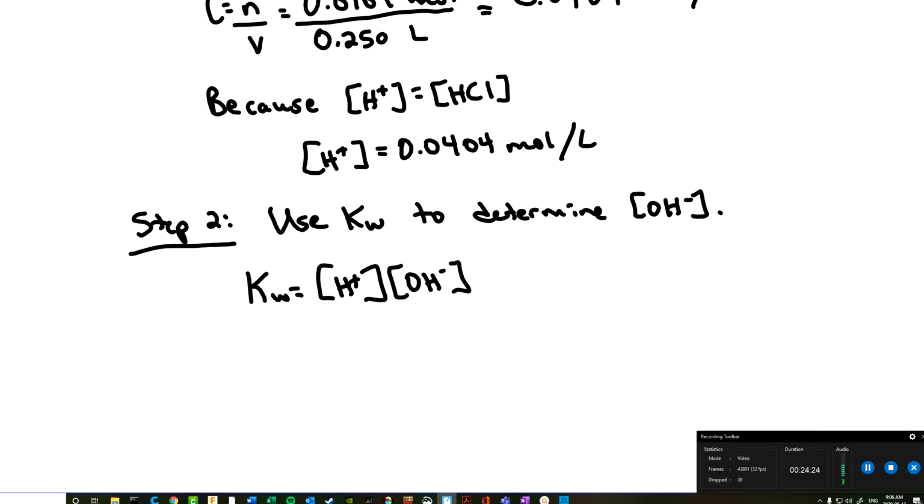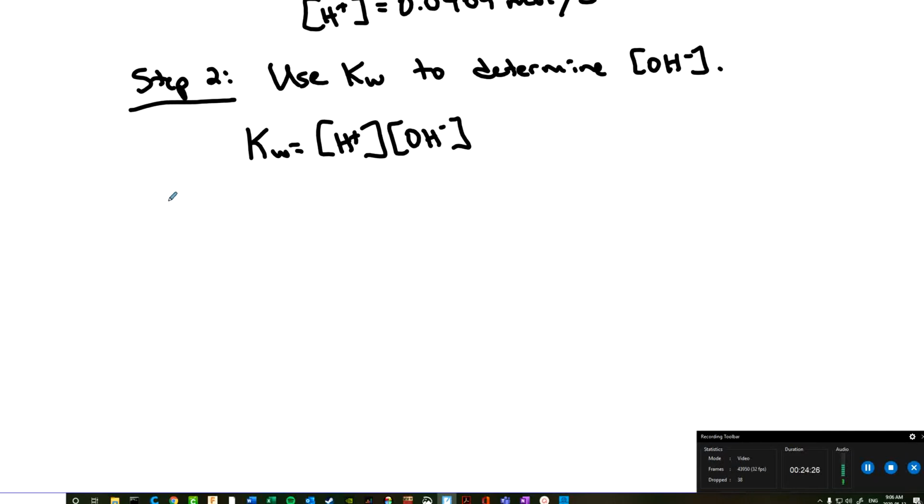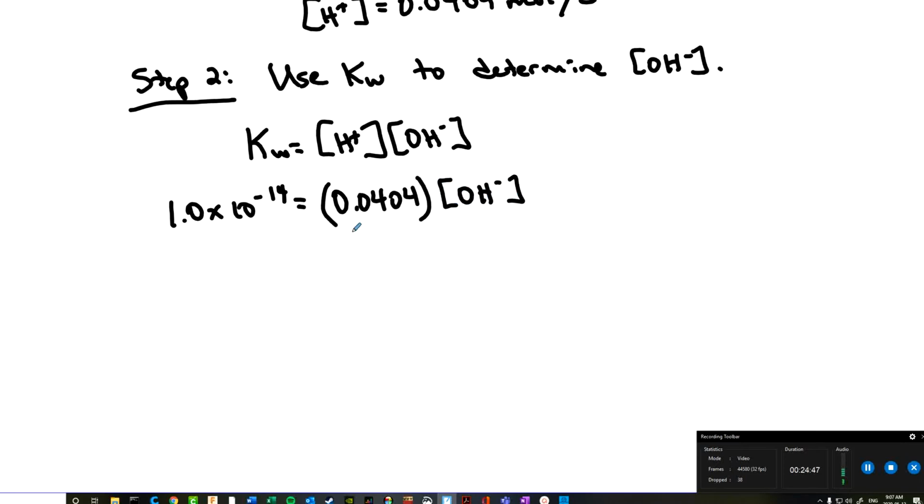I'm going to plug in what I know. Well, I know Kw is always this, assuming my temperature is 25 degrees Celsius. I'm not told otherwise, so that's what I assume. I'm going to put in a hydrogen ion concentration, and then I'm going to solve for the hydroxide ion concentration.